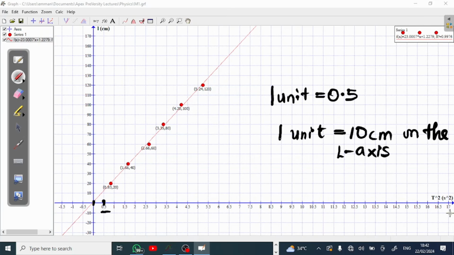The unit is second squared, that's s to the power minus 2. So 0.5 second squared on the T squared axis. This is how you write your scale. So my scale here is, let 1 unit represent 0.5 second squared on the T squared axis.